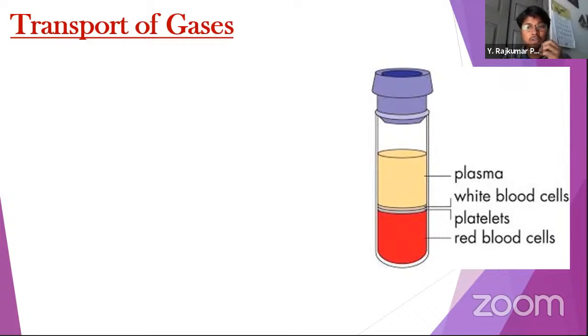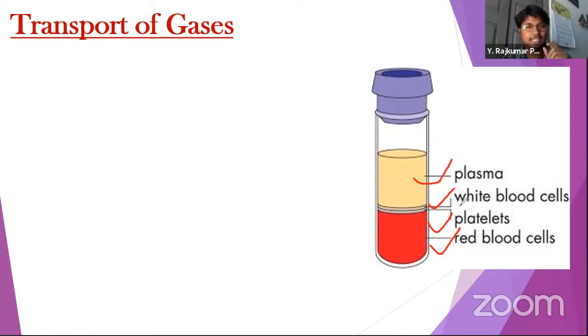Okay, so in the blood there are components. What are the main components existing in the blood? You have studied this in your first year. The blood contains plasma, isn't it? And it also contains the blood cells. Plasma is the liquid part of the blood, and cells are solid parts.